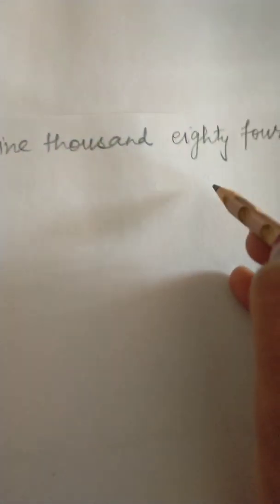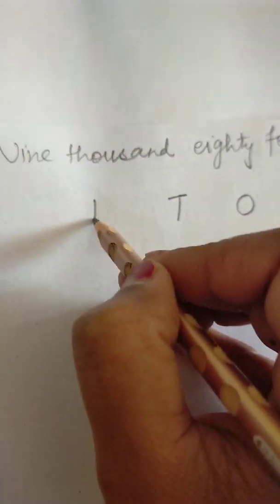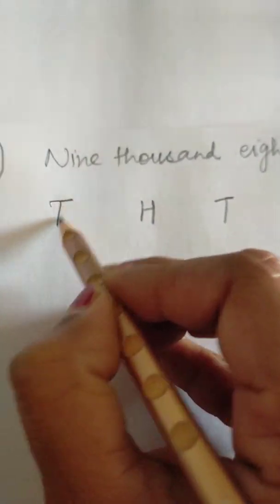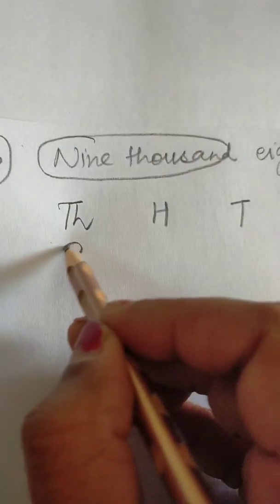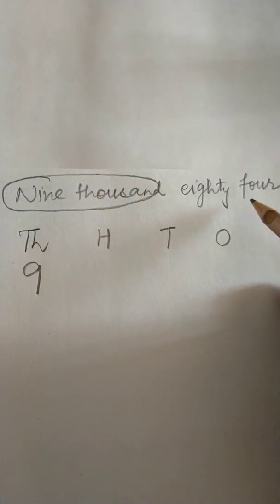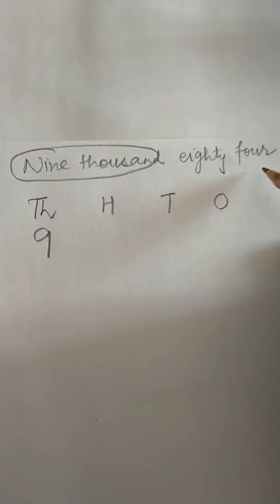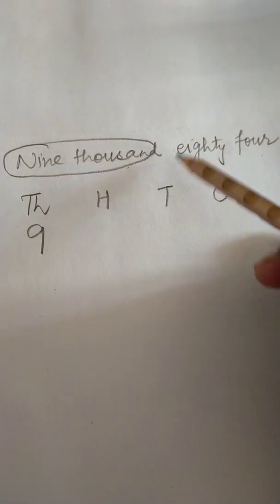Now firstly we will write the places. Ones, tens, 100, 1000. Here we will write 9 for 9000. And when we observe the statement, we can see the word 100 is not there. 100 is not written in this statement.